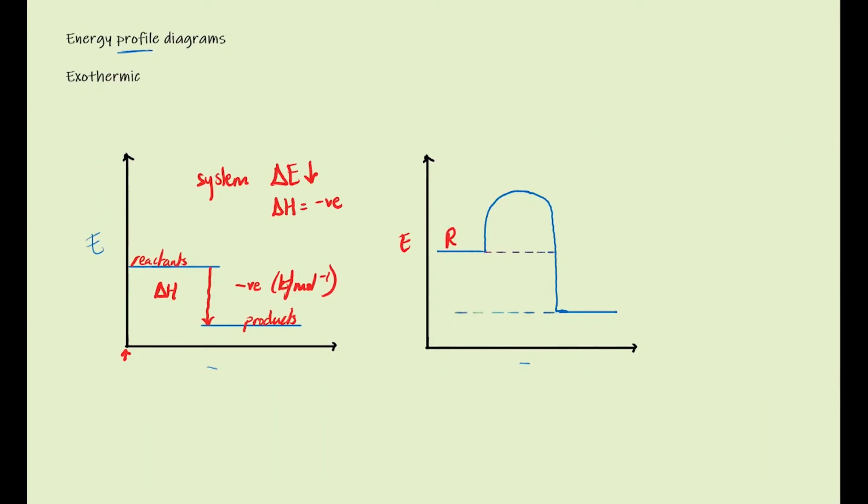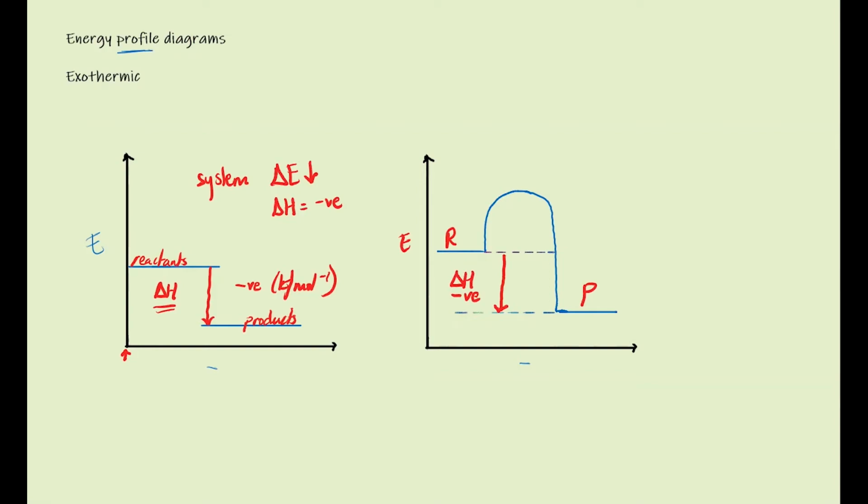Now, what I'm going to write here is actually R and P, just to represent reactants and products, and I'll do that going forward. That there's still a decrease. This distance here is exactly the same as the distance we just labeled before, and therefore that is the enthalpy, and it is still negative and kilojoules per mole.